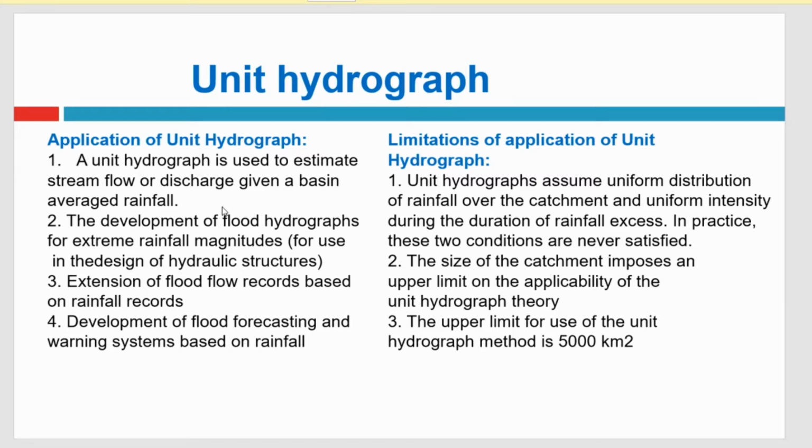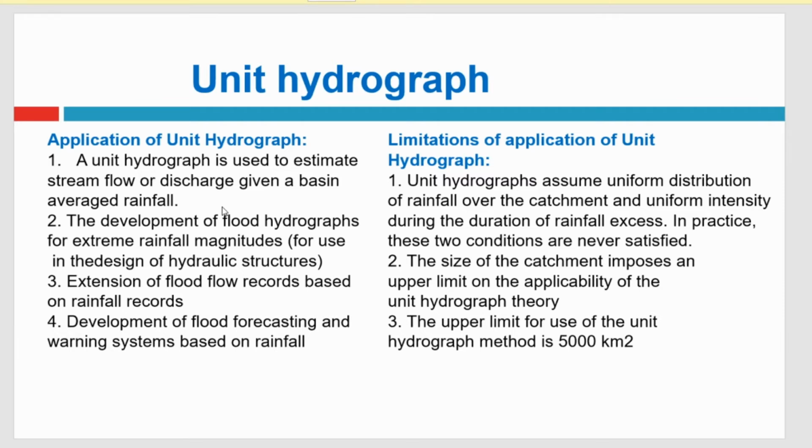Then I can calculate the ordinates of the hydrograph for 5 centimeter of rainfall. But if the rainfall is for 4 hours and the unit hydrograph you have is only for 2 hours, you cannot calculate it. So that unit hydrograph will not be applicable for different durations of rainfall. It will be applicable only for the same duration of rainfall.